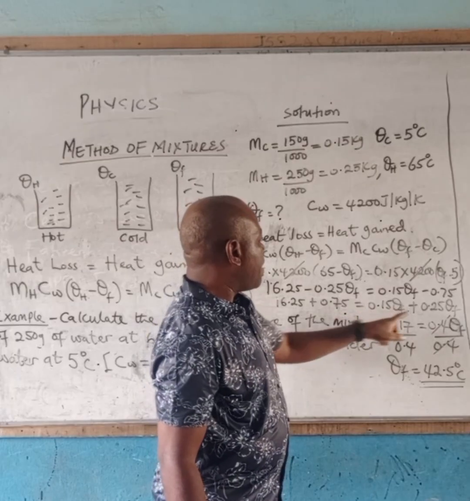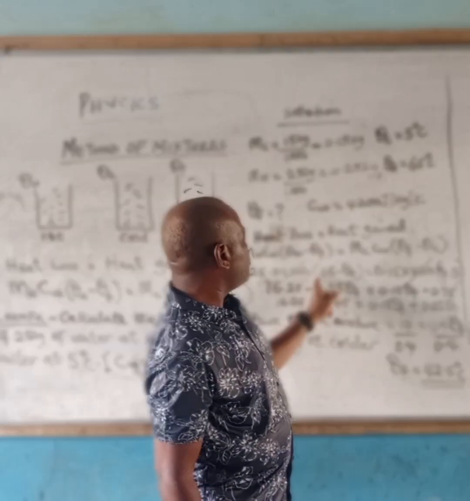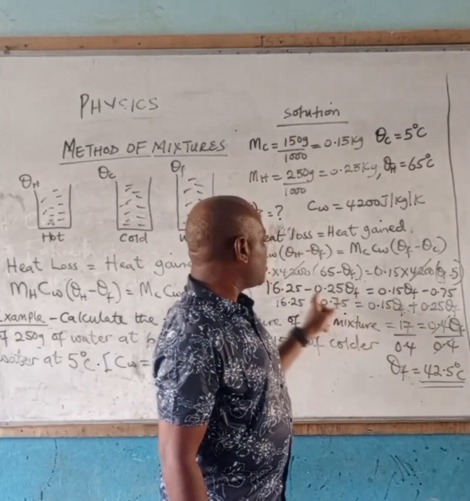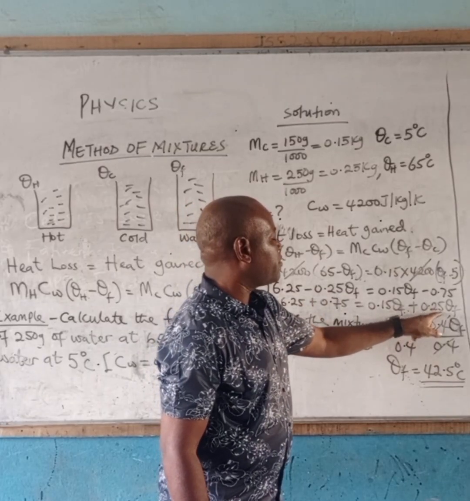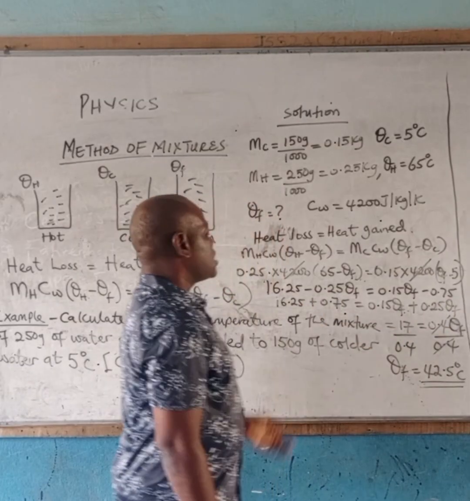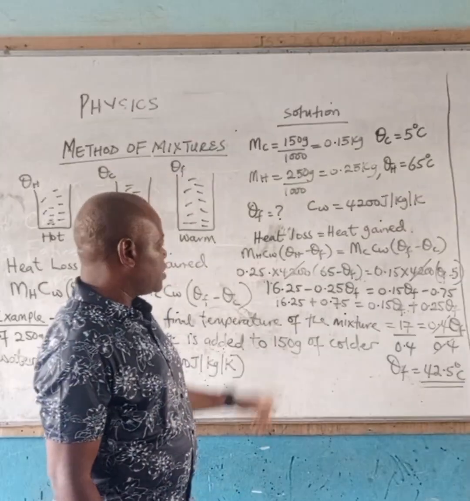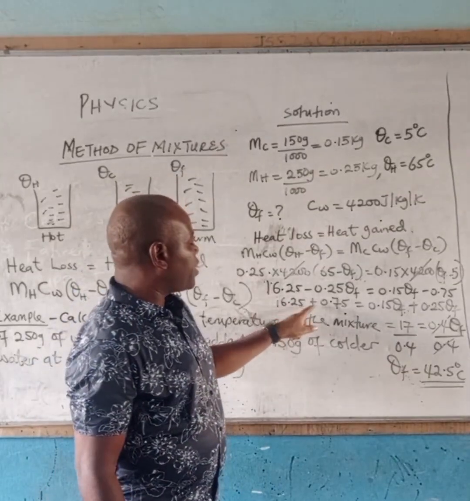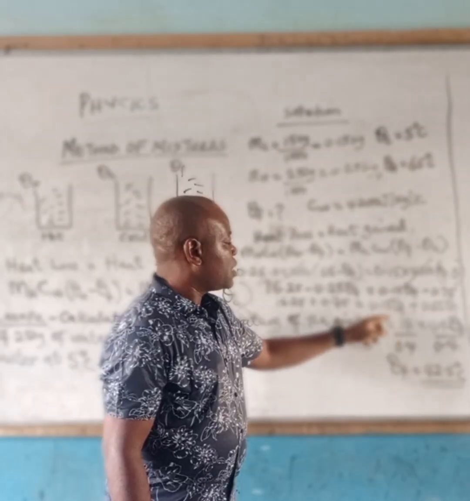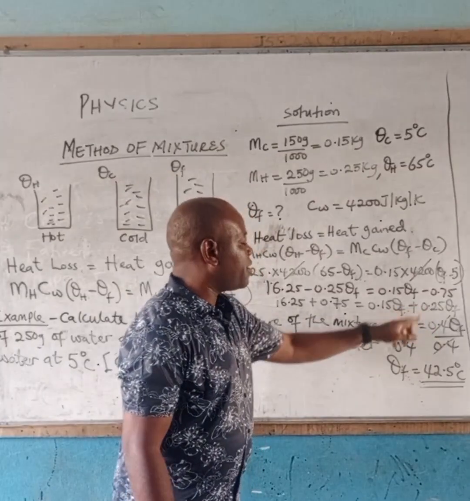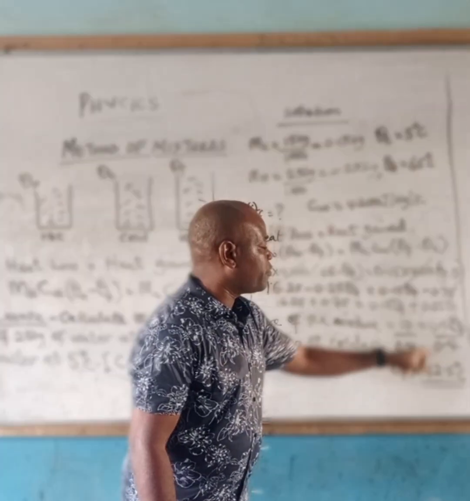Final temperature plus, by the time you move this to the other side, this negative sign becomes positive. You have 0.25 theta F. Now we have collected the like terms. 16.25 plus this, if you add this, you're going to have 17. Now if you add your theta F, it's going to give you 0.4.